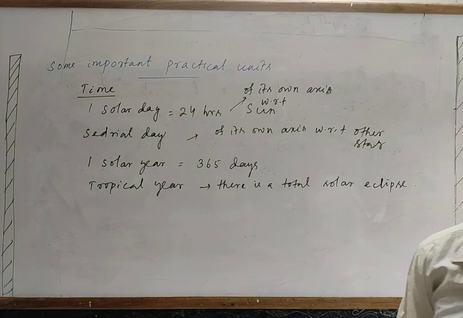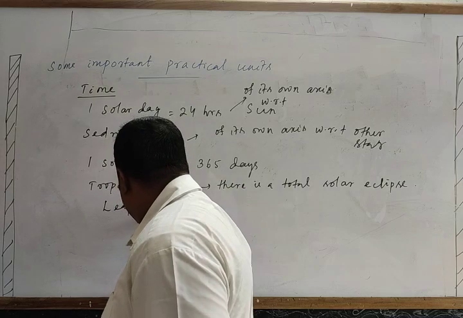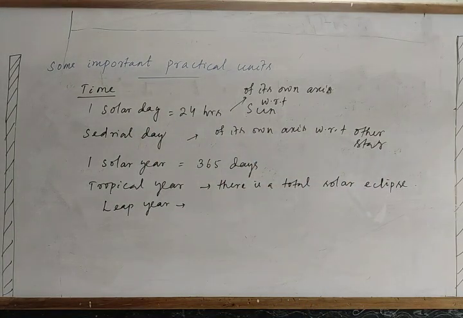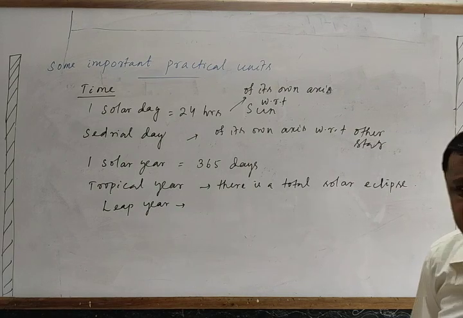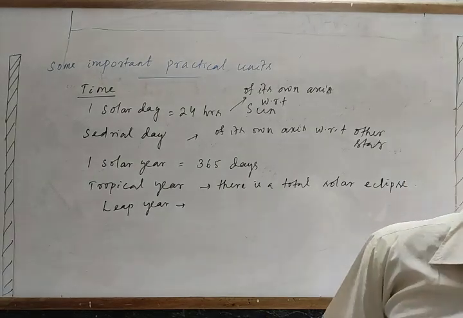Then another one is the leap year. What is leap year? The leap year is the year which is divisible by 4 and in which the month of February has 29 days. I told you like that. So that is the leap year.